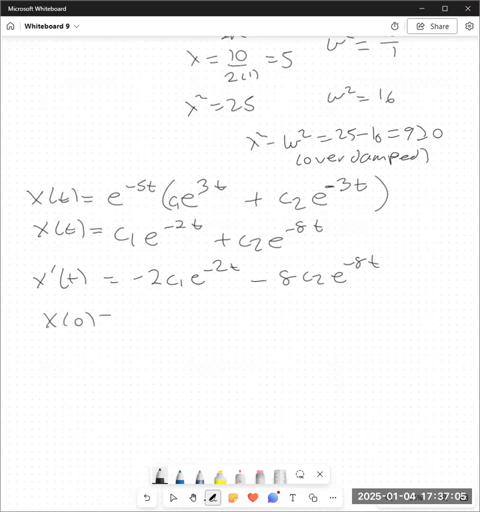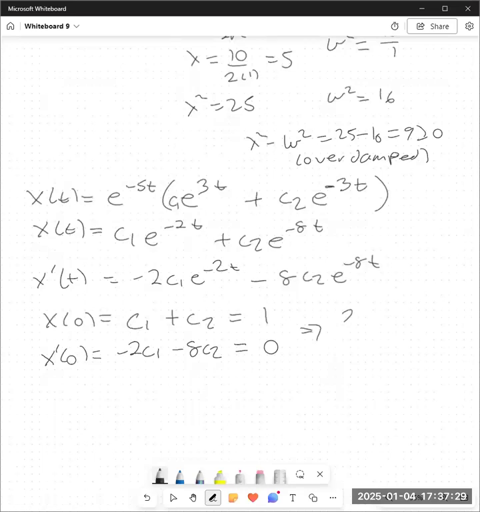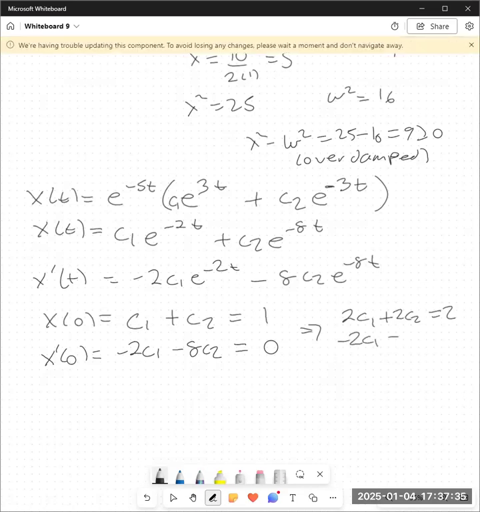x of 0 was c1 plus c2, and that's 1. And then x prime of 0 is negative 2c1 minus 8c2, and that is 0. Multiplying the first equation by 2, I get 2c1 plus 2c2 equals 2. Let's go into setup for elimination here.